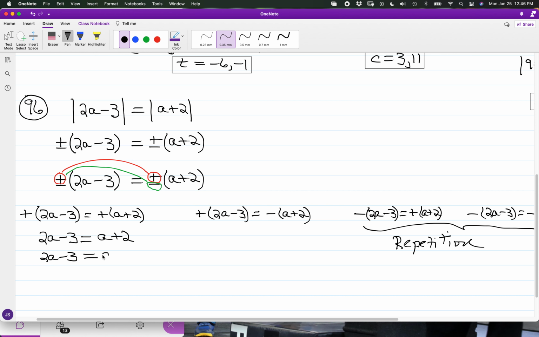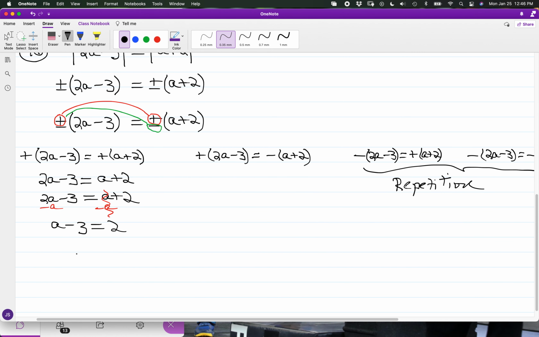Okay, so you have like terms on opposite sides, and here I can combine the terms in a by subtracting a on both sides. So you have 2a minus a becomes a minus 3 is equal to 2, and if a minus 3 is equal to 2, it's going to follow that a is equal to 5.